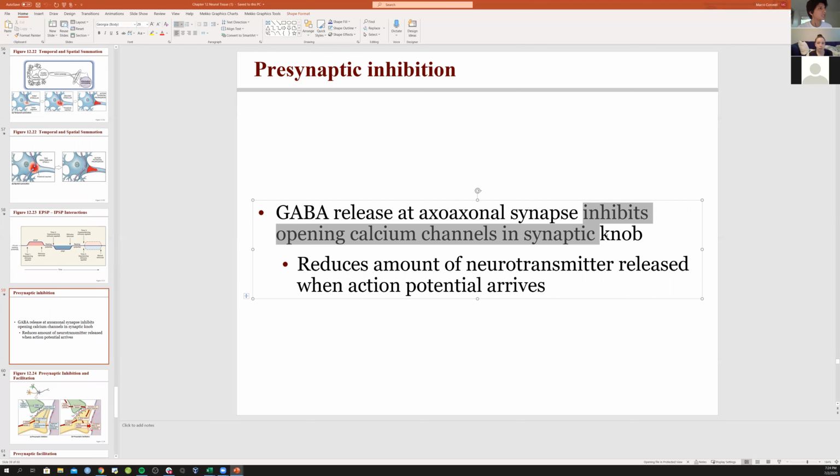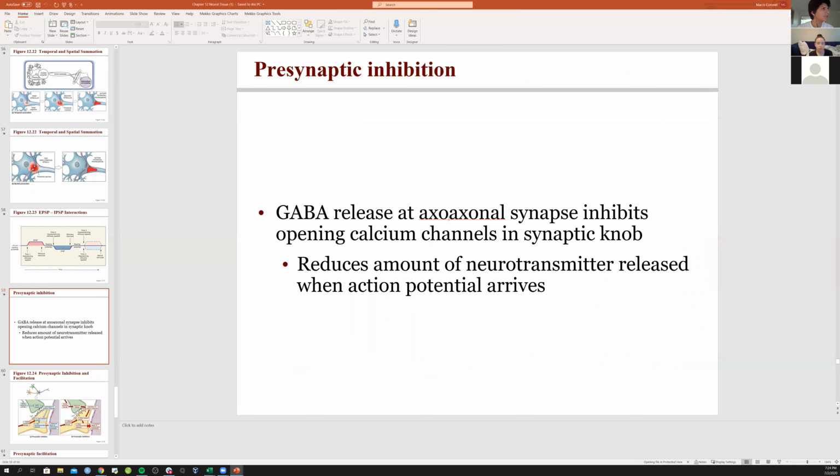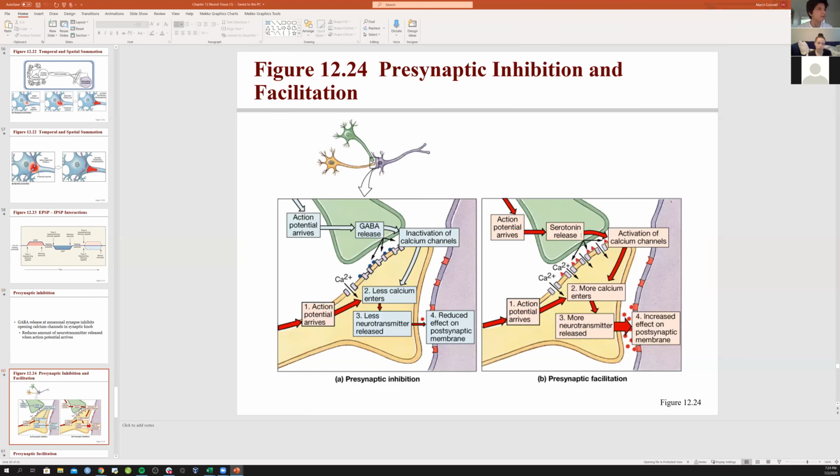GABA, so it's inhibitory. So these are examples of GABA releases on the axonal synapse, which inhibits opening of calcium channels. Wow. So this is another level of regulation that can happen.